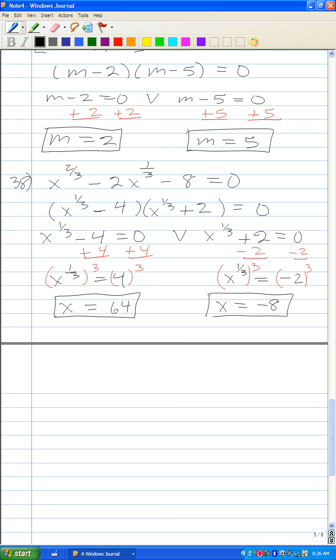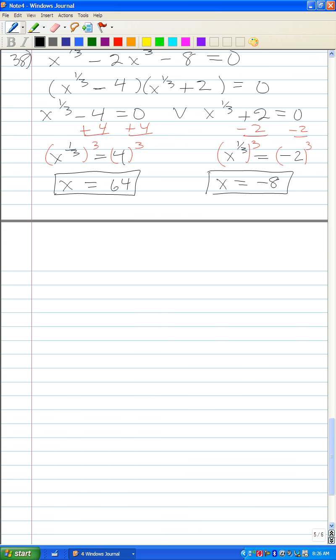Let me do problem number 44. y to the negative 2 minus 8y to the negative 1 plus 7 is 0. This again is quadratic in y to the negative 1.